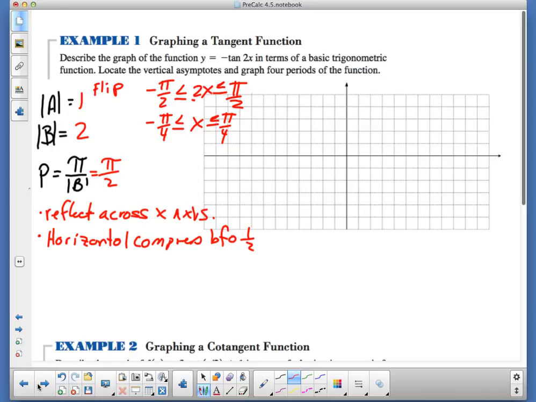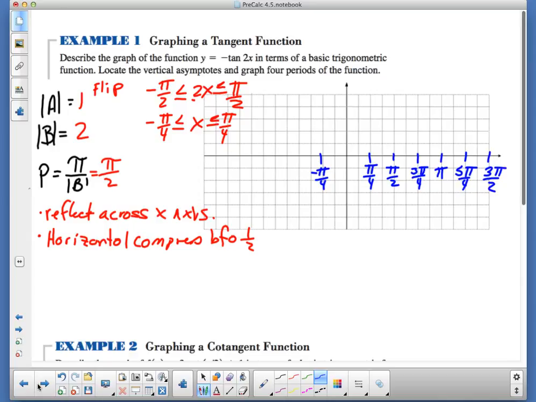And I don't have anything vertical or horizontal. It's just going to be a regular thing on the x-axis, and I'm going to start it at negative pi over 4. So I'm going to break up my axis in pi over 4s. So I got negative pi over 4, pi over 4, pi over 2, 3 pi over 4, pi, 5 pi over 4, 6 pi over 4, or 3 pi over 2.